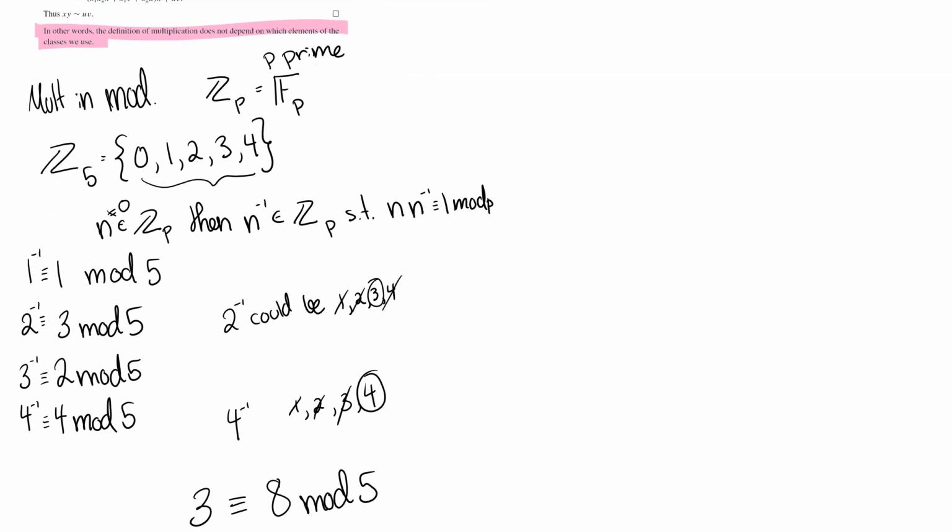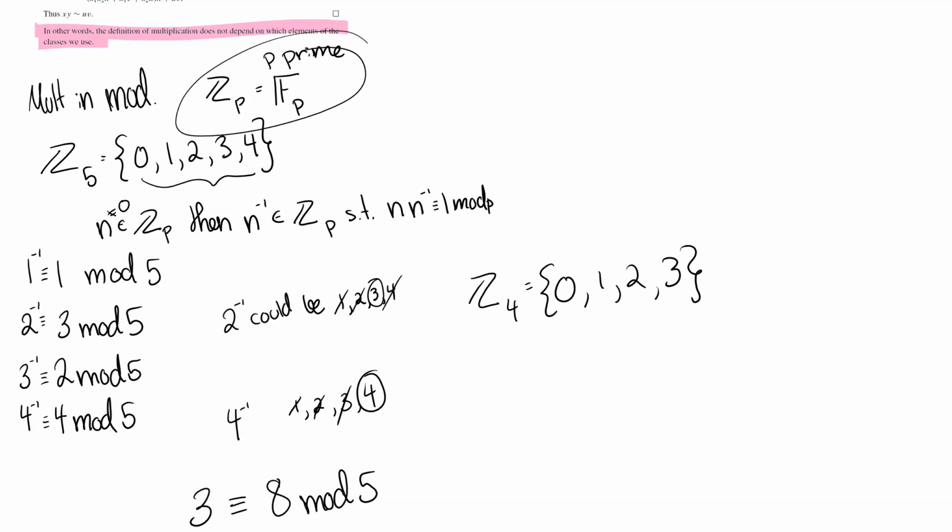You can also do it with non-prime. So let's try Z sub 4. 0, 1, 2, 3. Okay, so there wouldn't be a way for us to write it as an F sub p because 4 is not prime, as you know. Okay, so let's say the inverse of 1 is going to be 1 mod 4. How about, do we have an inverse of 2?